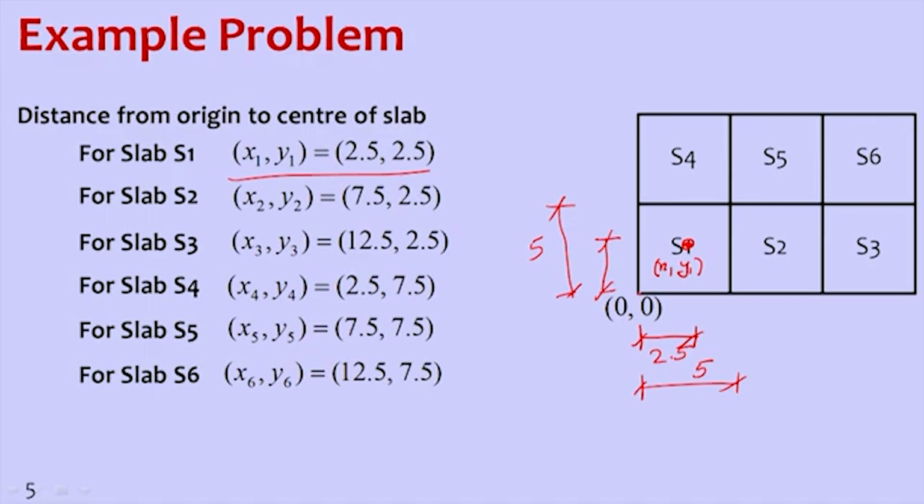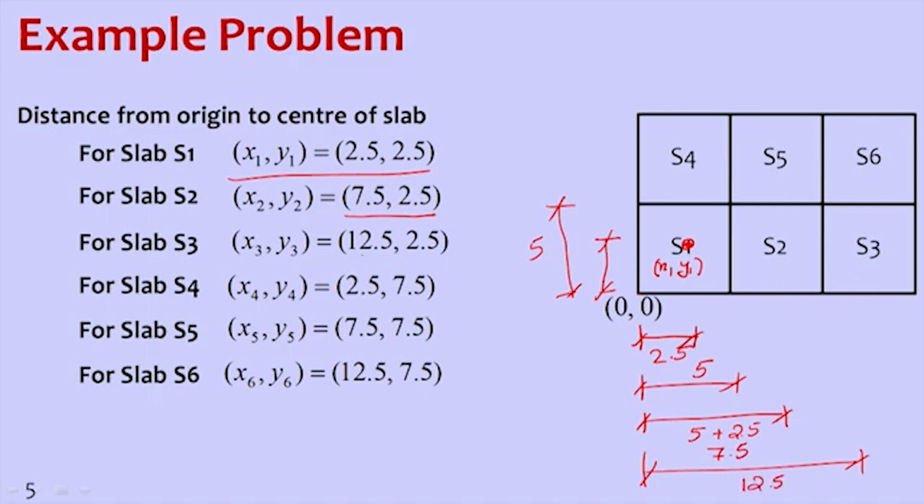Similarly, starting from here to this point, I have this length as 5 plus 2.5, which will be around 7.5. So this is 7.5 and 2.5 in y direction. Similarly, for x3 and y3, this is the distance. So this will be 5 plus 5 is 10, 10 plus 2.5, which is coming around 12.5.